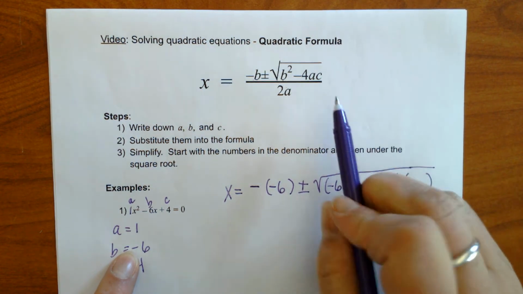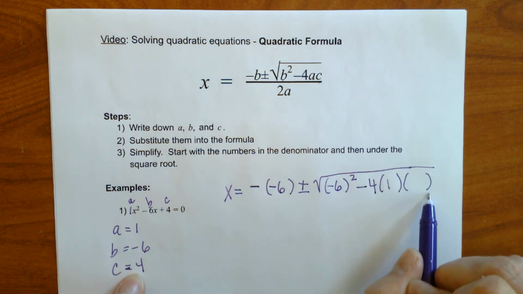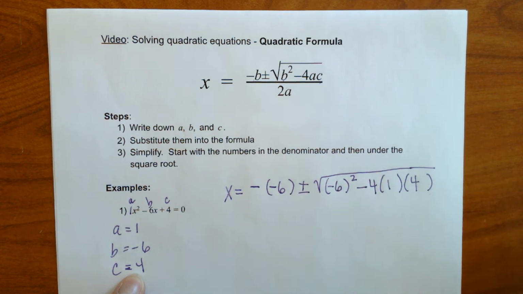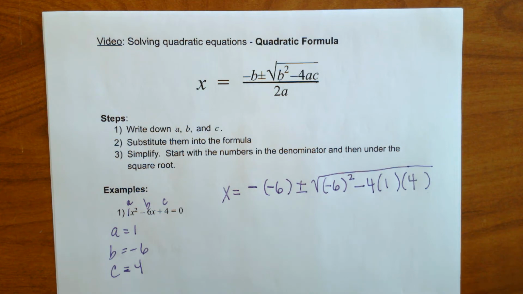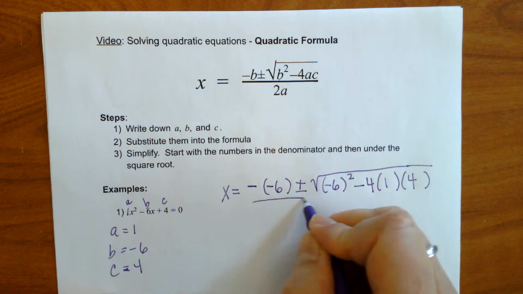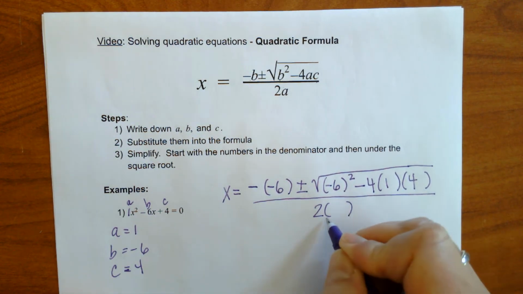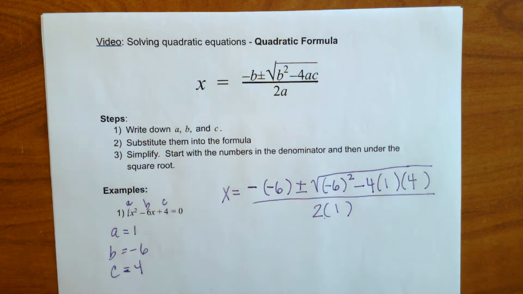And for c, I put parentheses, and I'm going to put the c in. I'm using parentheses here. This will help in your calculator even. Use the parentheses, please, because the last thing I want you to do is mess up the negatives and get the whole problem wrong. All divided by 2 times, I put the parentheses in, a, which is 1.